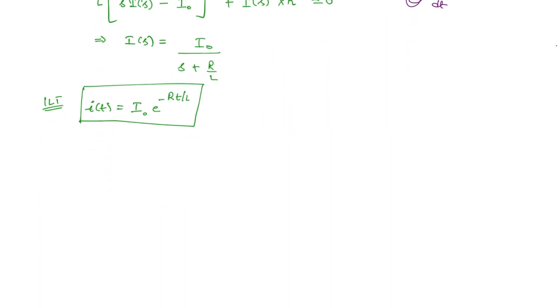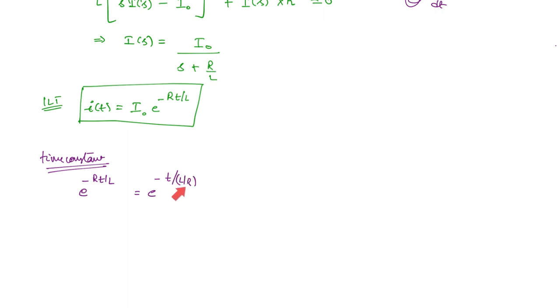Now what about the time constant? The time constant you can find out in the similar way just like we found in the RC circuit. But here one short form that I will tell you: here the exponential term is minus R t by L. So this you can write as e to the power minus t by L by R. So whatever is occurring at this denominator, that will be simply the time constant.